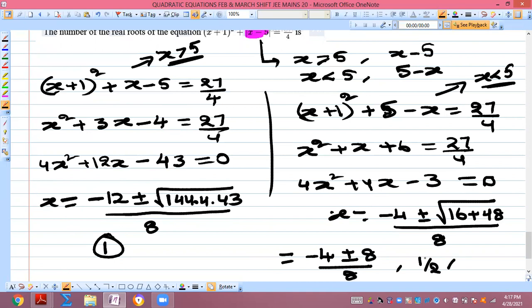That's fine. Then minus 12 by 8, that is also we can take because both of them are less than 5 only. But whereas here one is less than 5 because negative number. So overall we have three solutions. 3 real solutions is the answer.